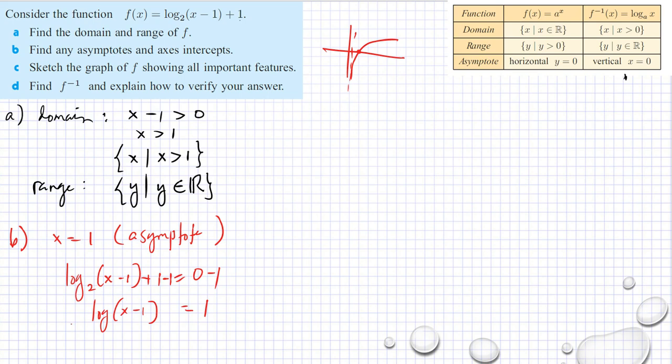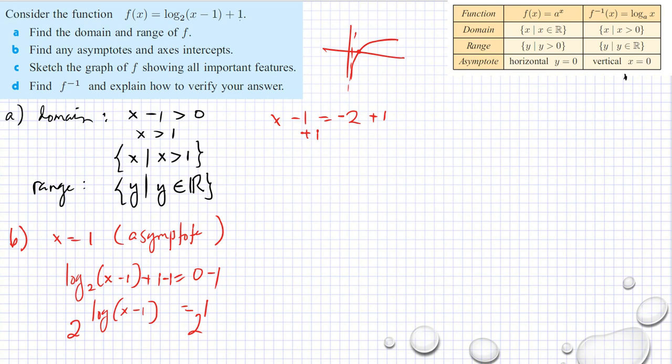And then we have x minus 1 is equal to 2 raised to negative 1.